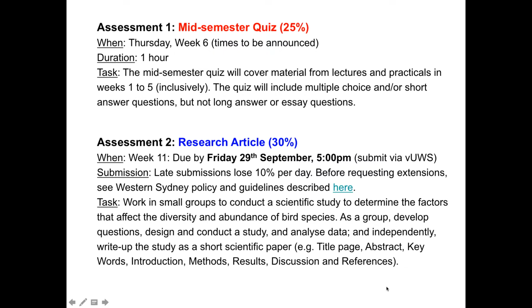So that's going to be fun, and that really enables you to come up with your own questions, to think about the design of the study, the sort of things you need to measure and conduct it. So I think that's a good assessment.